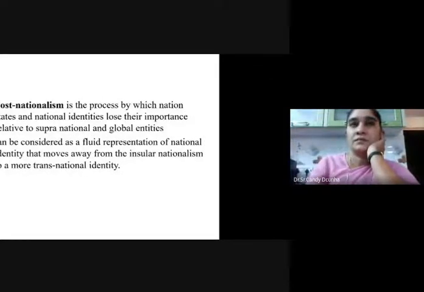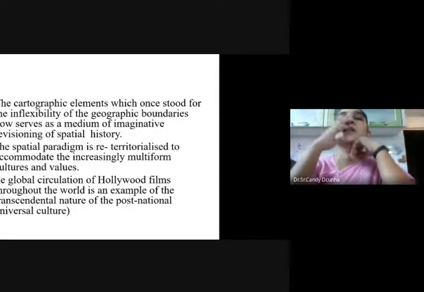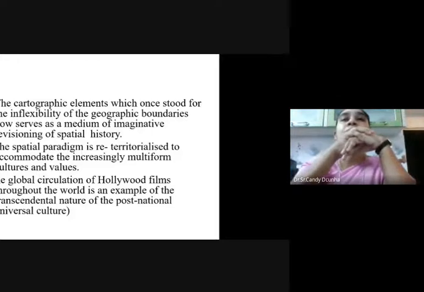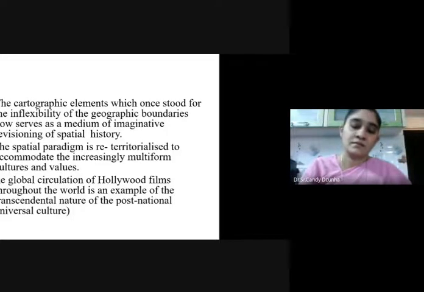Post-nationalism is a process by which nation states and national identities lose their importance and become multiple heterogeneous elements. So it creates a transnational identity, and the cartographic or borderistic aspect, which once stood for the inflexibility of the nation, now becomes more liquefied or flexible.